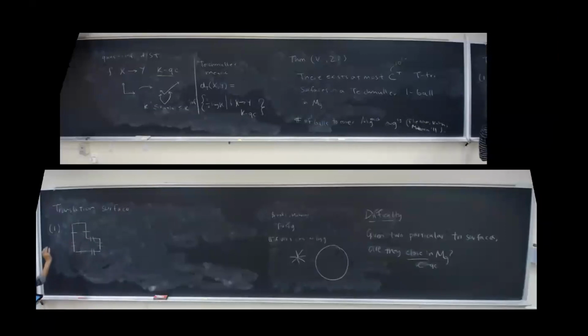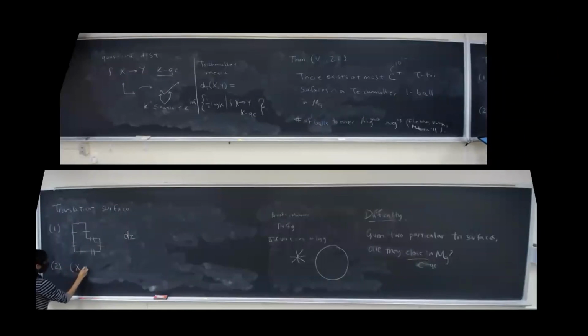Now, since this polygon is considered as embedded in the complex plane, there is this differential one-form dz that is preserved by the gluing. So this isn't just a Riemann surface, but it also comes with this. Which leads us to the second definition of a translation surface.